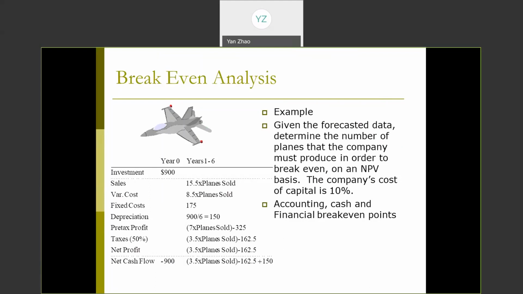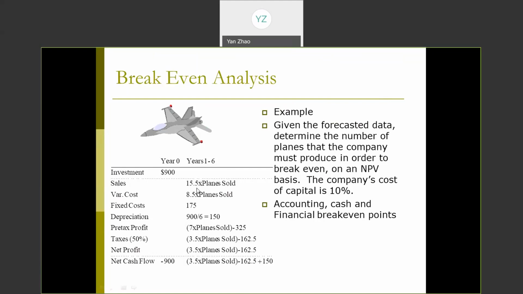For the next 6 years, from year 1, 2, 3, 4, 5, we are going to have the following net income numbers. Okay, so for the next 6 years, because we are calculating the break-even number for sales, we don't really have a concrete number for sales because that is the number we are trying to back out, right? So we don't know what is the break-even number for how many planes you have to sell. Okay, let's see.